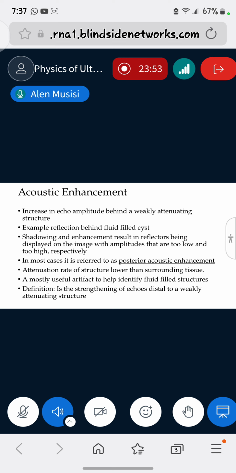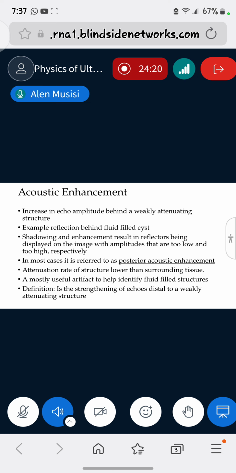Shadowing and enhancement result in reflectors being displayed on the image with amplitudes that are too low, that is with shadowing, and too high, that is with acoustic enhancement. In most cases, it is referred to as posterior acoustic enhancement.